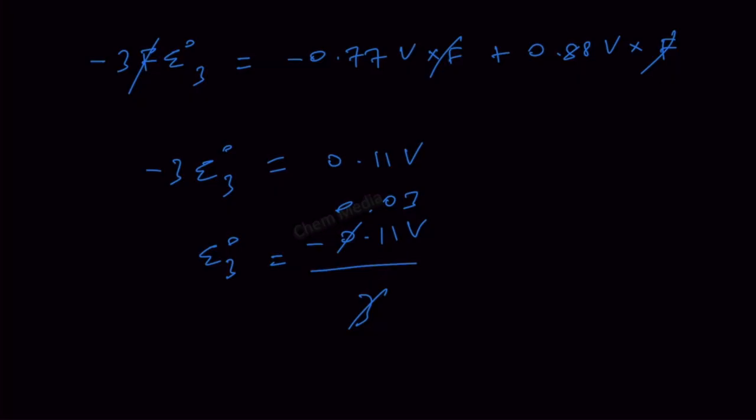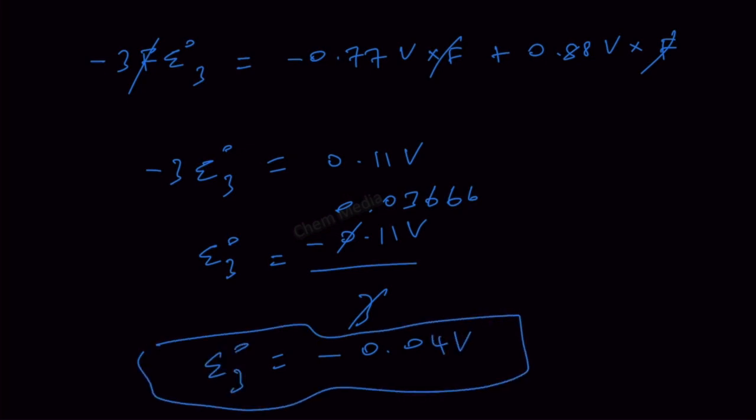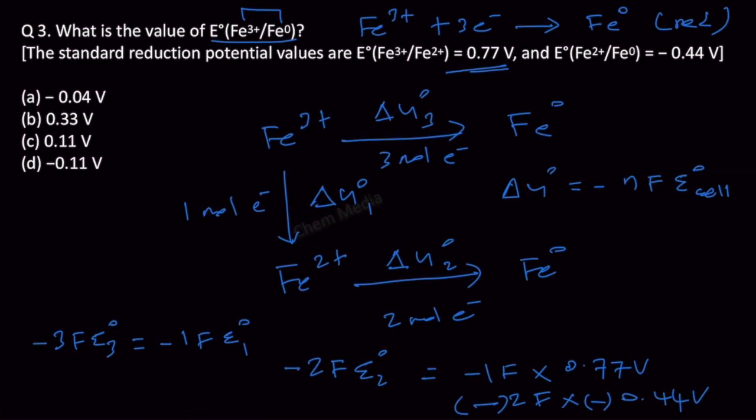We can't divide once again, put a 0, it would become 20. So 6 times 3 is 18, therefore 6 remaining 2. This will keep going. Therefore this will be equal to minus 0.04 volt. Therefore E3 standard is equal to minus 0.04 volt. So this means option A is correct.